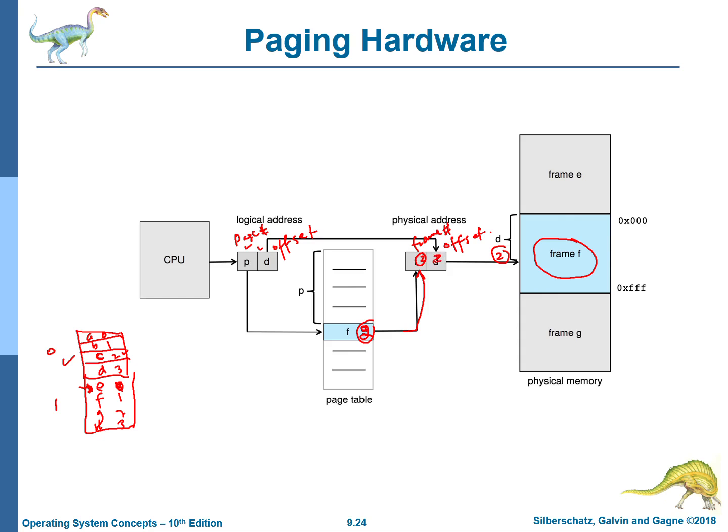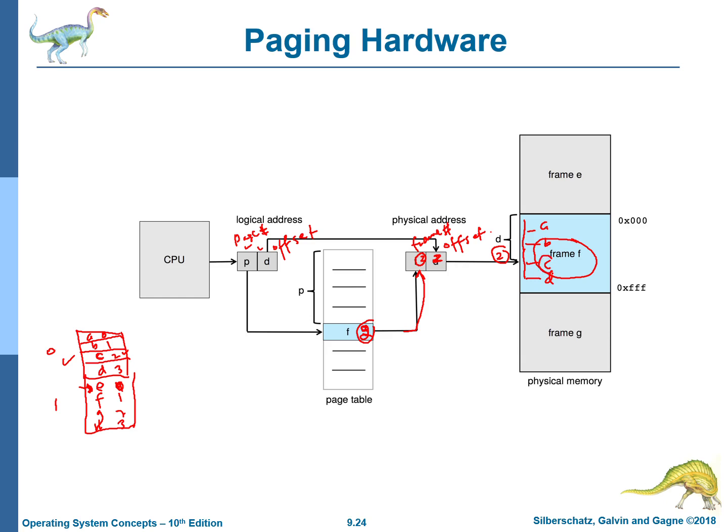This will help to map our logical address into a physical address with the help of the frame number and the offset number. So frame number and the offset. Here we have A, then B, then C, and then D.